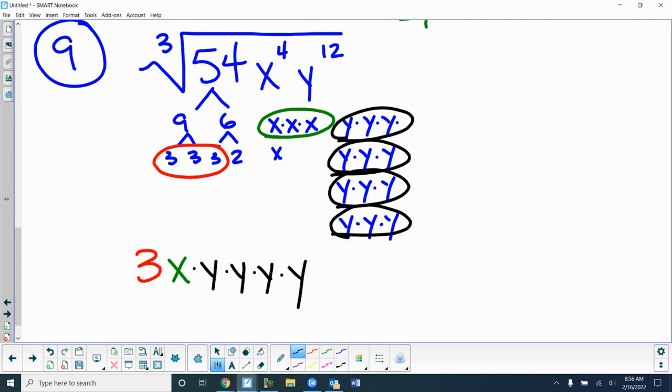You with me on that? Now that's showing all the work. Now some of you remember that you can just divide the exponent by the index, right? Now what's left? What's not? You know the 2 also, see that?